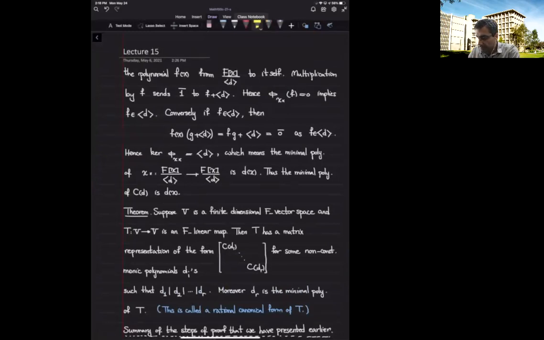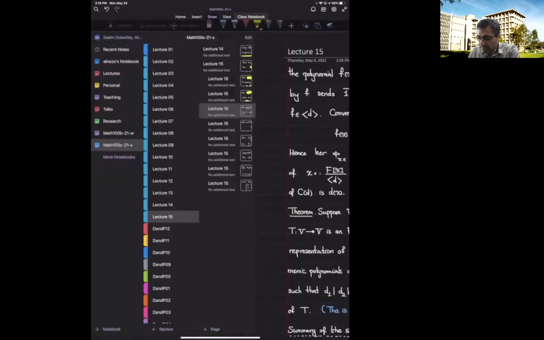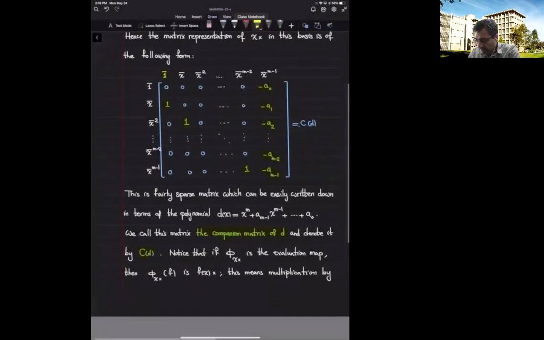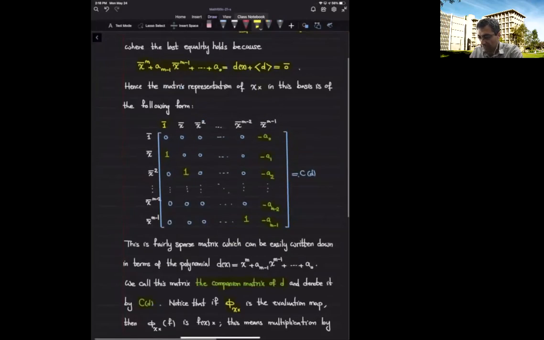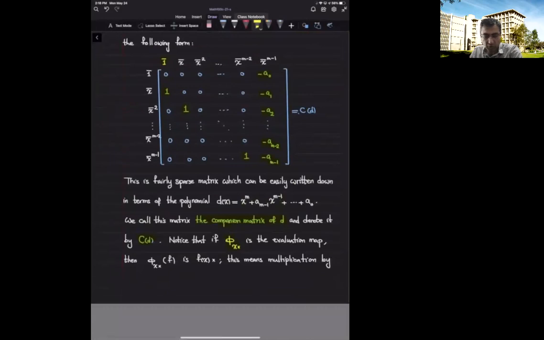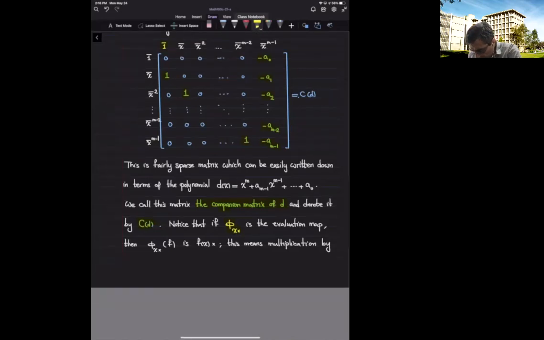Now, let's also point out what the minimal polynomial of this multiplication by X is, at least when I'm working with this easy vector space or module F[x] over the ideal generated by D. So how did we define the minimal polynomial?